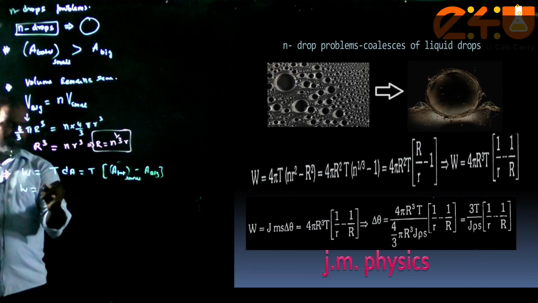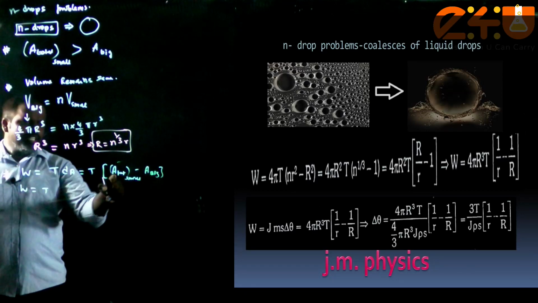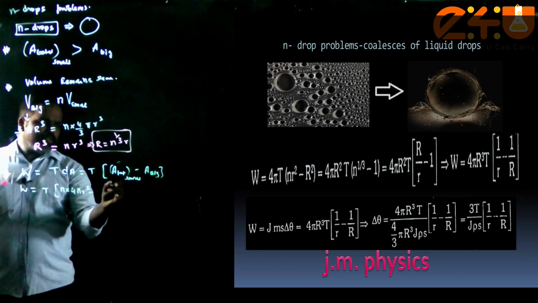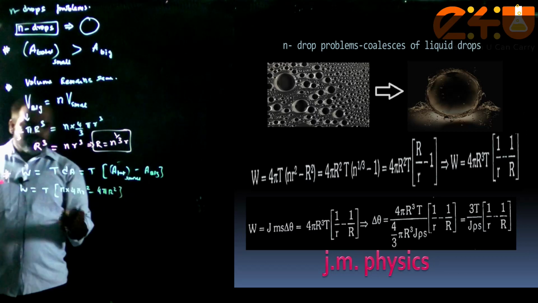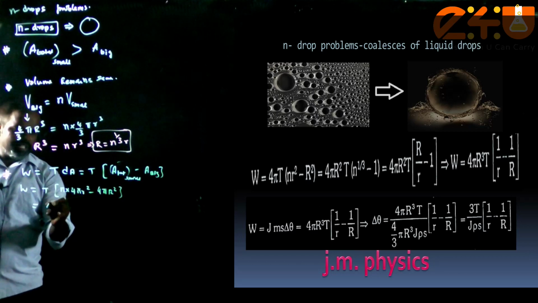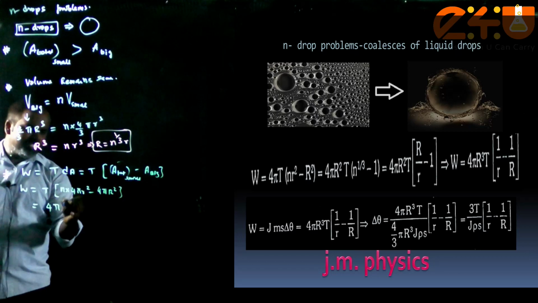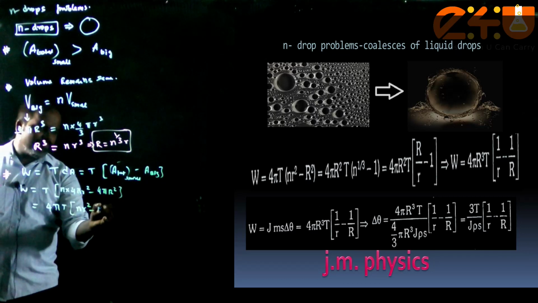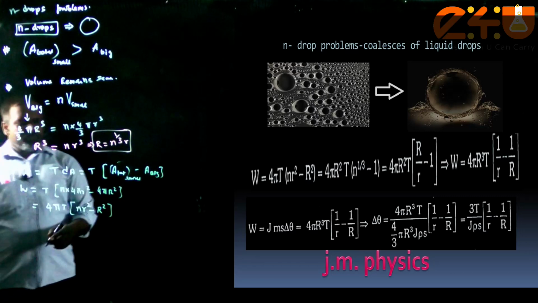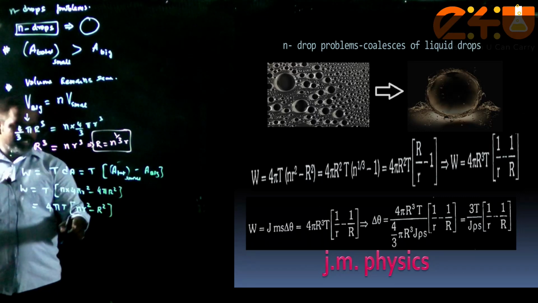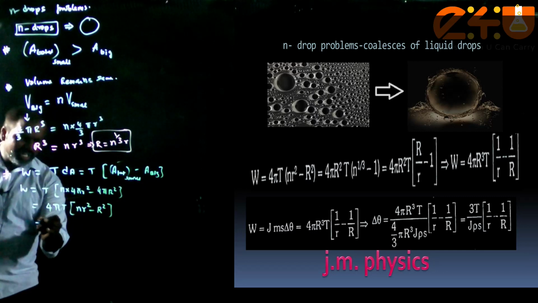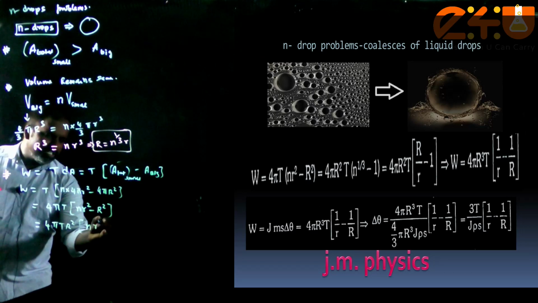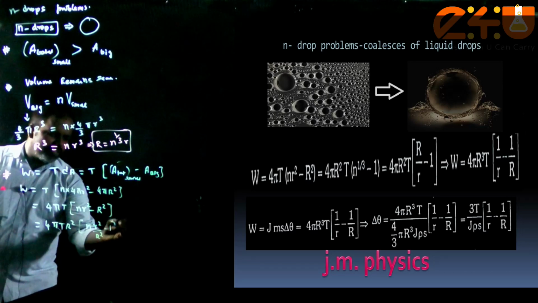Therefore W is equal to T into n times 4 pi r squared minus 4 pi capital R squared. Take the common terms outside: 4 pi T, and the remaining term is n r squared minus capital R squared. From this, take capital R squared outside, then I can write 4 pi T R squared into n small r squared divided by capital R squared minus 1.